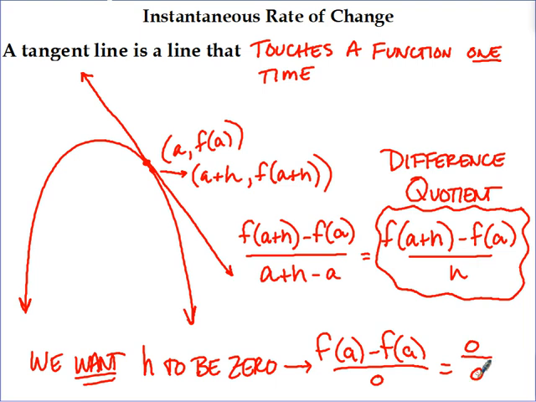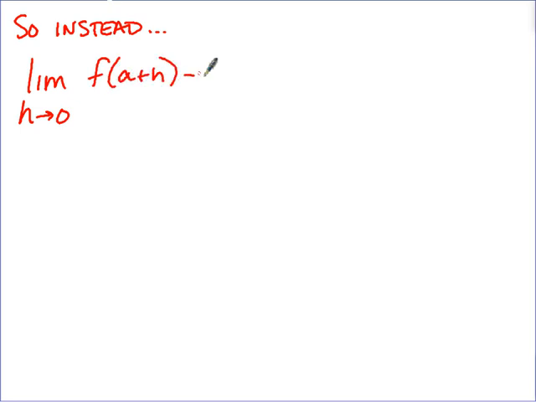So we want it to be 0, but we can't actually make it 0. So what are we going to do? We're going to find the limit. So instead, we're going to take the limit of the difference quotient.